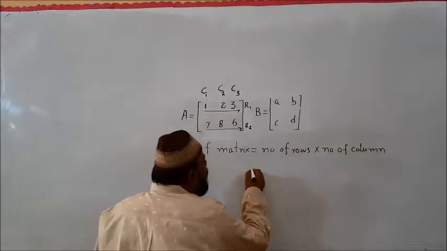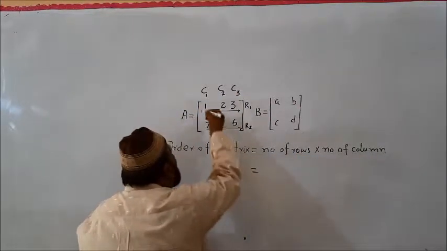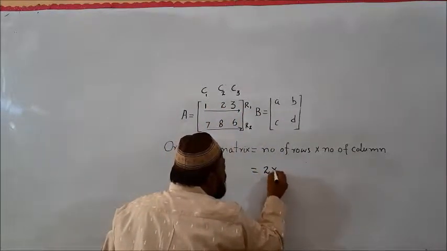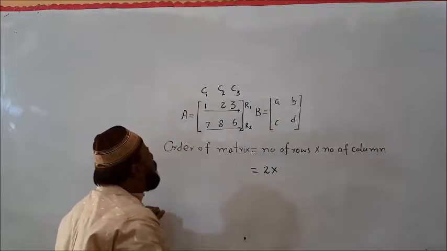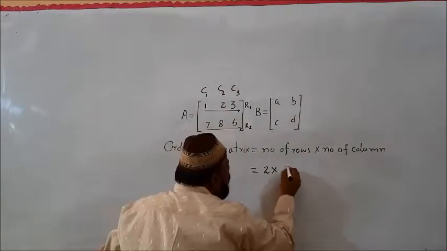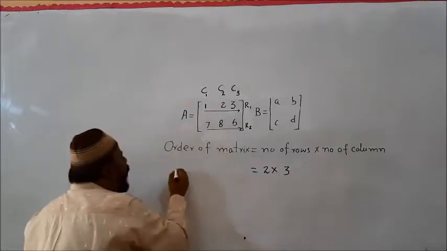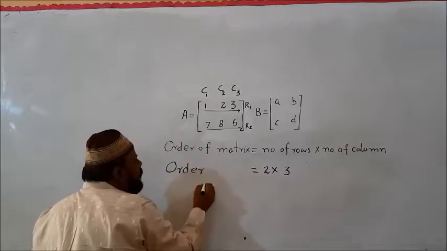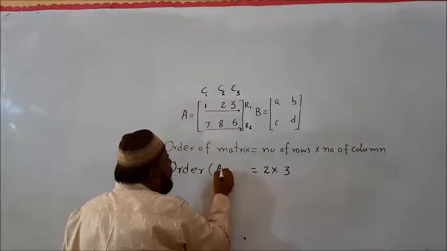According to the formula, number of rows 1 and 2 and number of columns 1, 2 and 3. Order of matrix A.